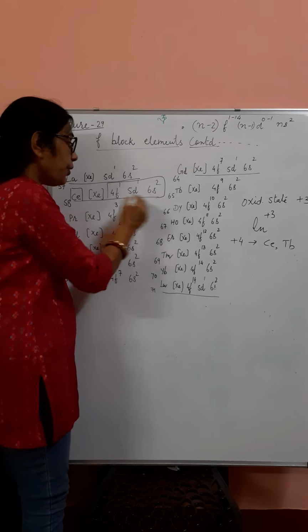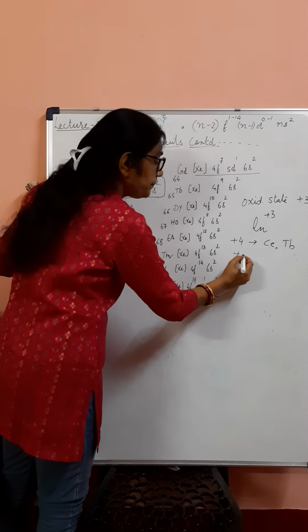And similarly, if you consider terbium, now look here, atomic number 65. After losing 2 electrons from here and 2 more from the f orbital, it becomes 4f7, half-filled stability. So therefore, which two elements amongst the lanthanoid series can show +4 oxidation state? It is cerium and terbium.